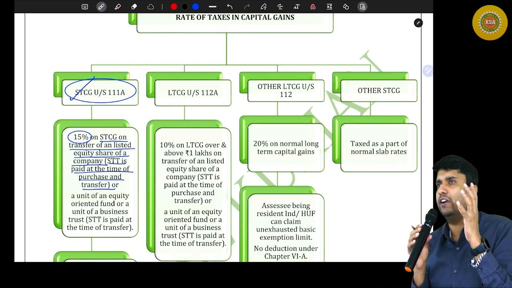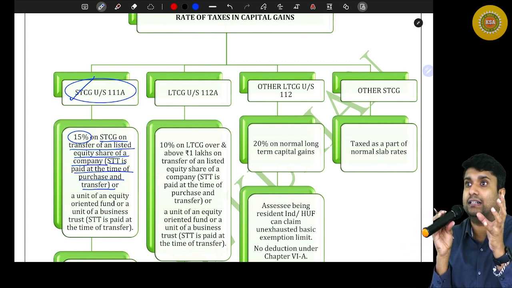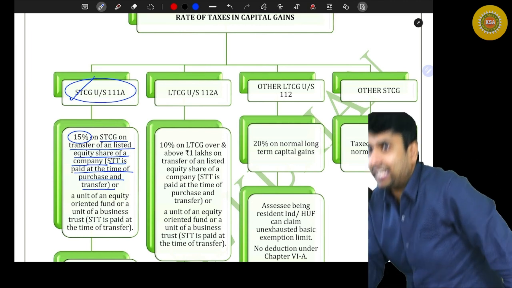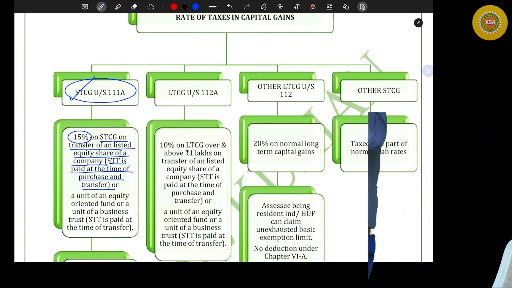Do you remember? I have given you an outline on how to apply the rate of taxes, a thumb rule. If for a particular income, the rate has been specifically mentioned in the IT Act, you have to apply that rate. If a specific rate is not there in the IT Act, then you have to apply the slab rate. This is related to 111A.